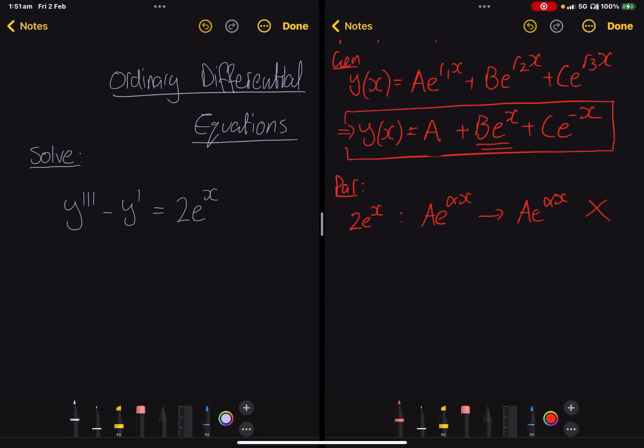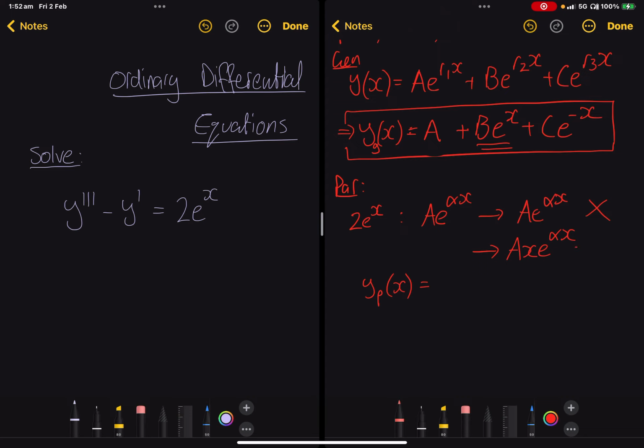A common alternative is a x e to the alpha x. And this is actually what we're going to do here. So we're going to assume that a x e to the alpha x is a possible solution, and then we're going to test that. So we have y general, and this is y particular of x, is equal to a x e to the alpha x.